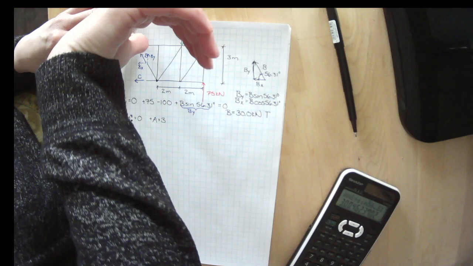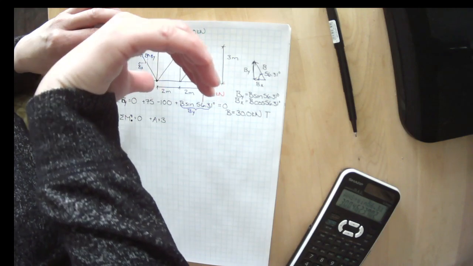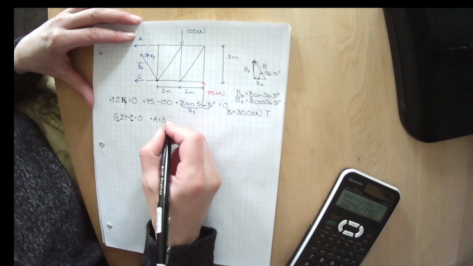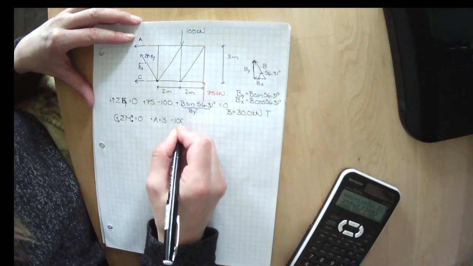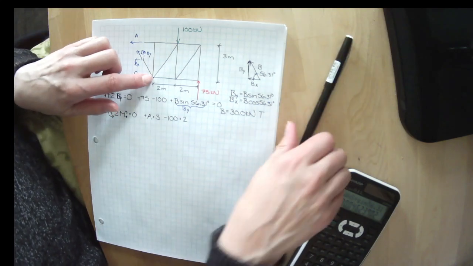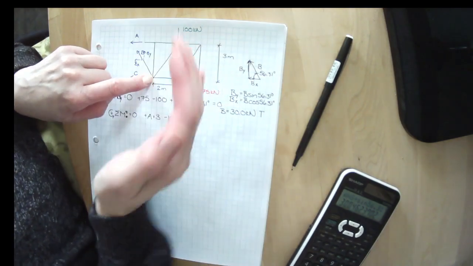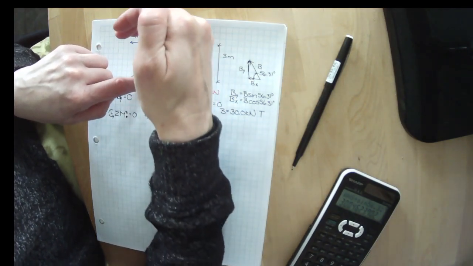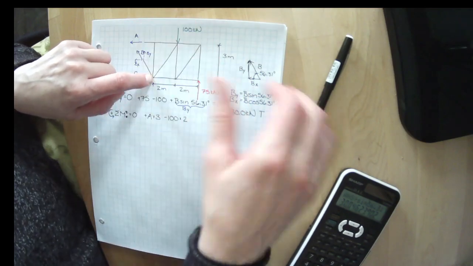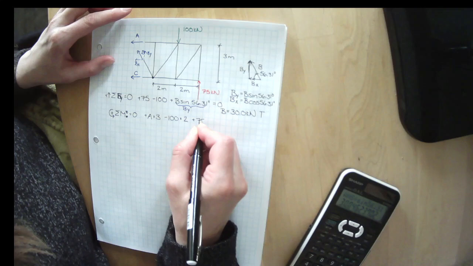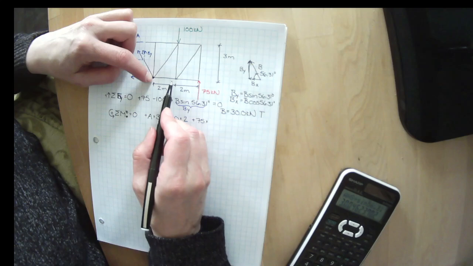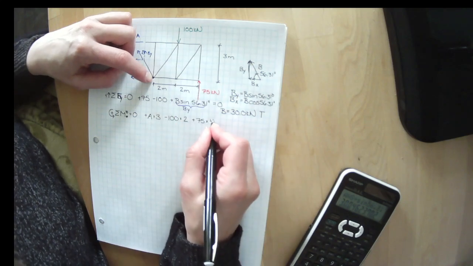I point my thumb after curling my fingers in the direction it's trying to spin, and it's negative, so minus 100 times 2 meters. And I've got 75 kilonewtons trying to make it spin in that direction. Curl my fingers in the direction it's trying to spin and point my thumb. It's pointing out of the page, so it is positive 75 times 4 meters.